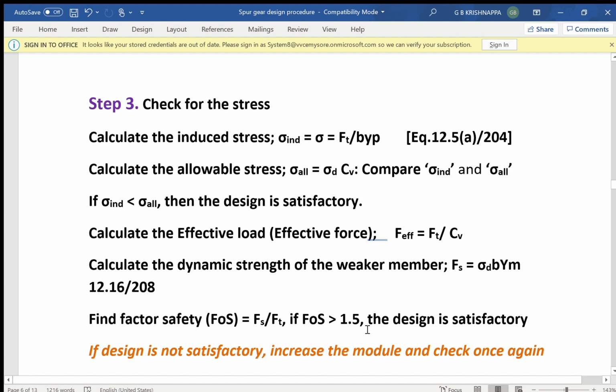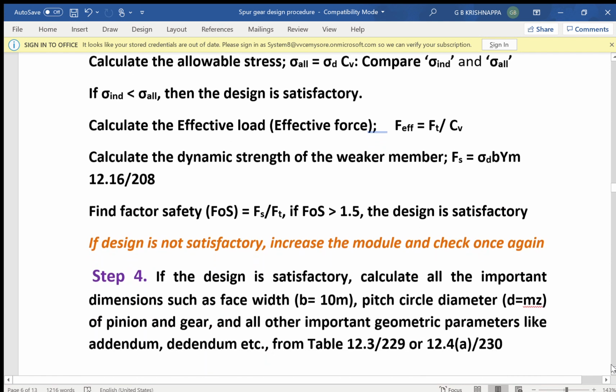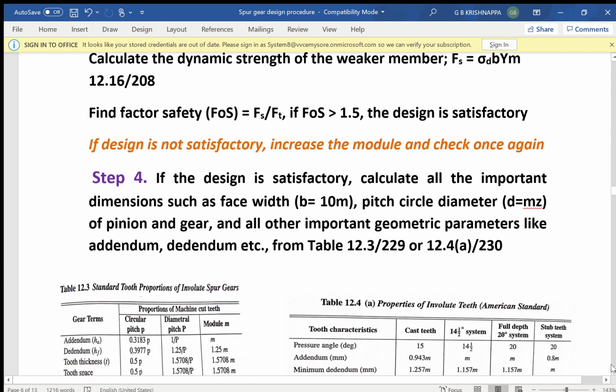If the factor of safety is greater than 1.5, the design is satisfactory. Please see that in this value of Ft, Cs must be included. If the design is not satisfactory, increase the module and check the stresses once again. Check these two.